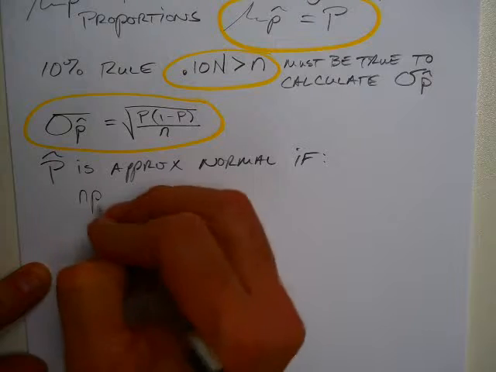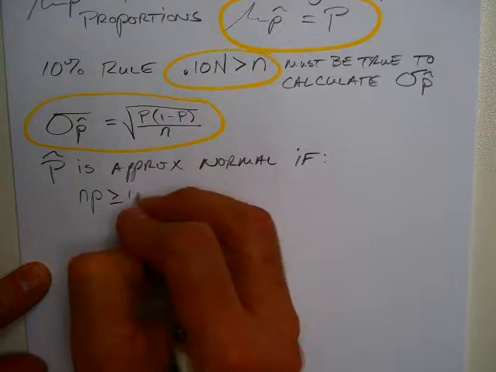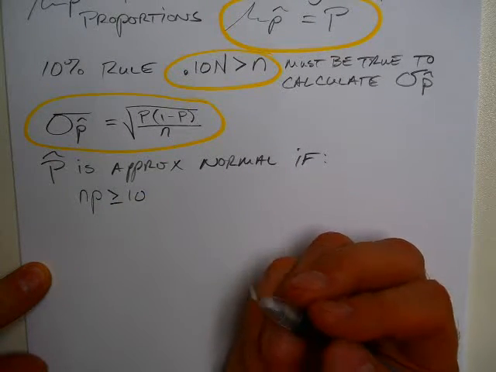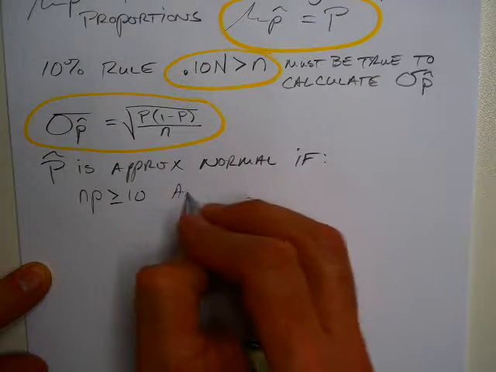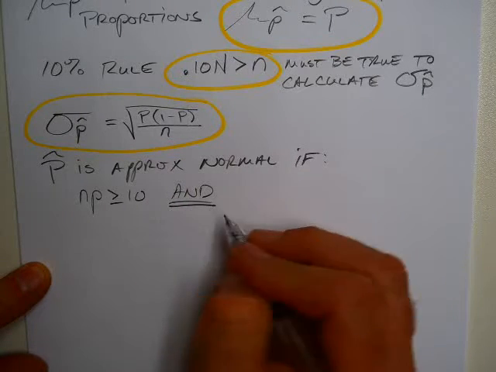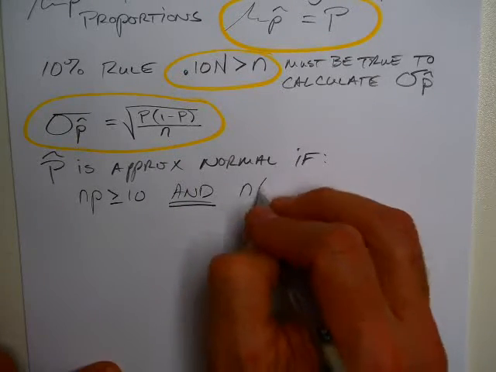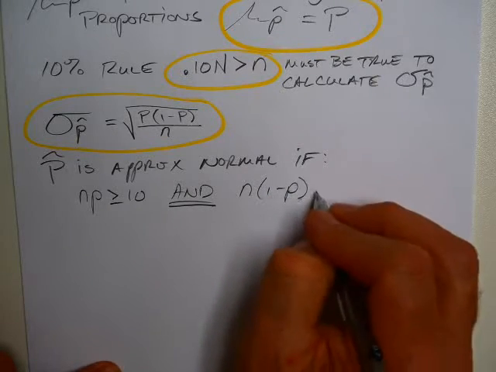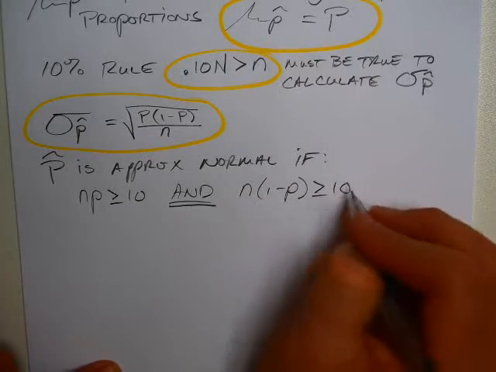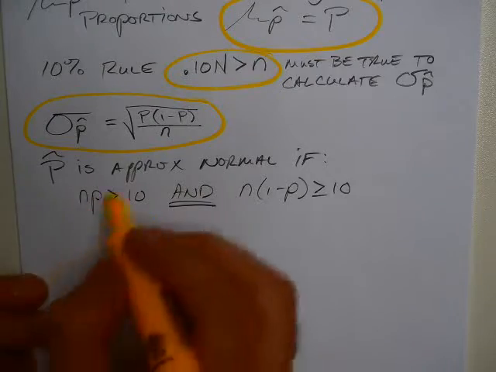N times P has to be greater than or equal to 10. Remember we did this a little bit ago? And N times 1 minus P also has to be greater than or equal to 10.